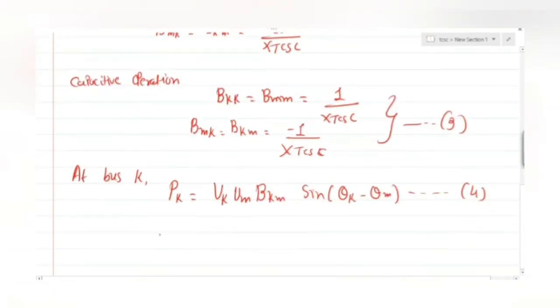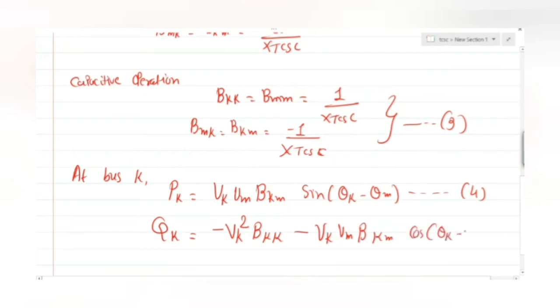Similarly, Qk is equal to minus of Vk square Bkk minus Vk Vm Bkm cos of theta k minus theta m.